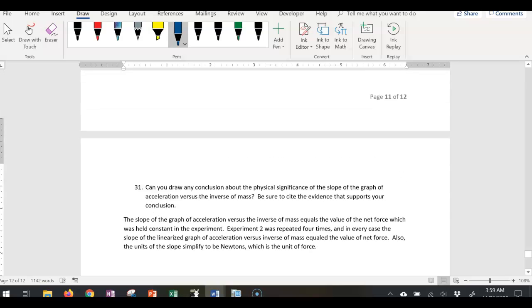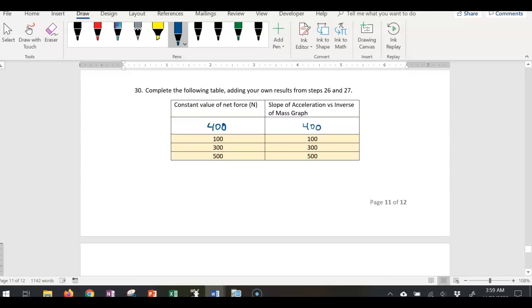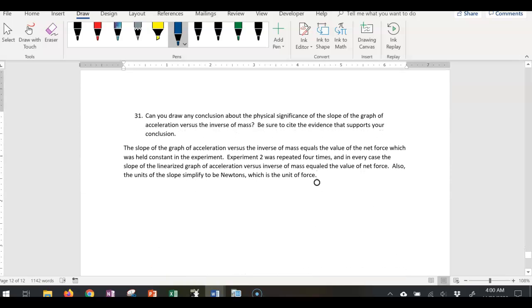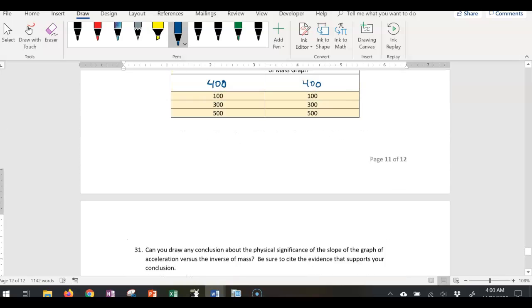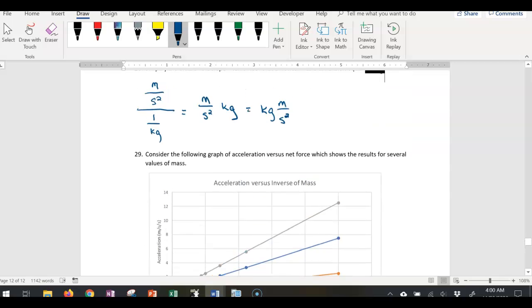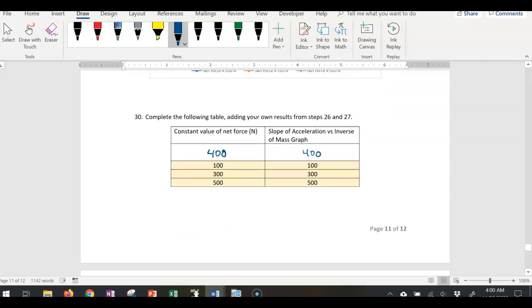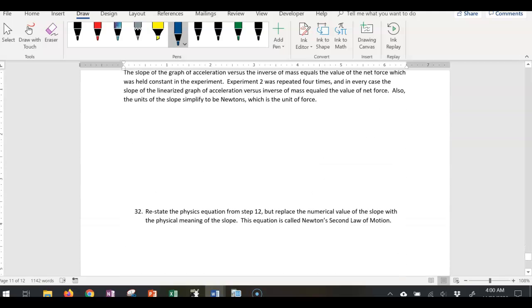There's the fact that when the experiment is replicated 4 times, in every situation, the slope of acceleration versus inverse of mass equaled the value of the net force. And then also the evidence that the units of the slope simplify to be the units of force. Okay, so that's 2 pieces of evidence we can cite.